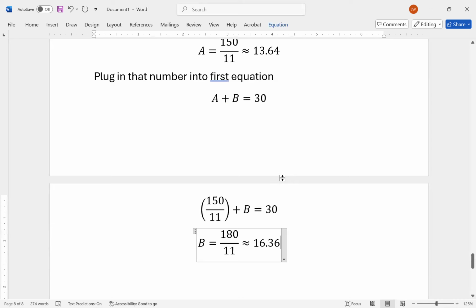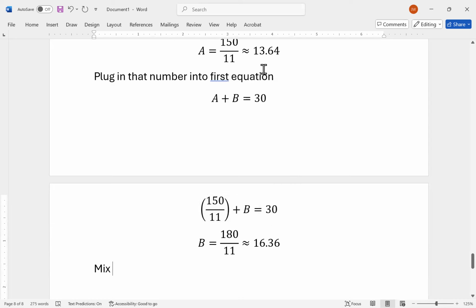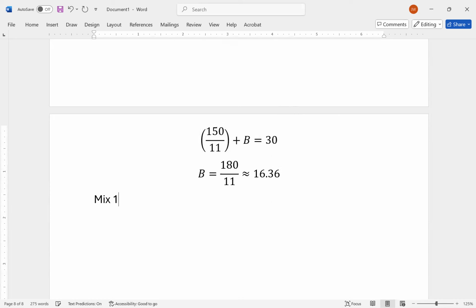And there you go. So as far as the mixture goes, mix 13.64 pounds of the 72% strawberry and 16.36 pounds of the 50% strawberry.